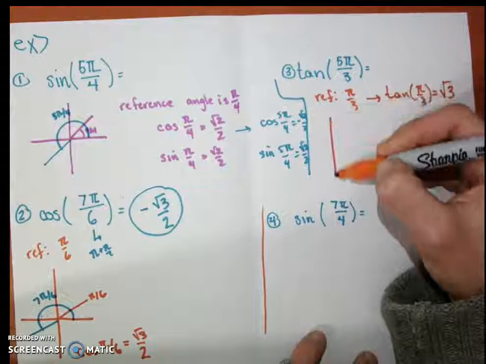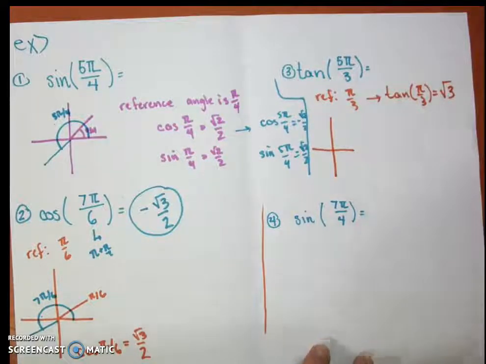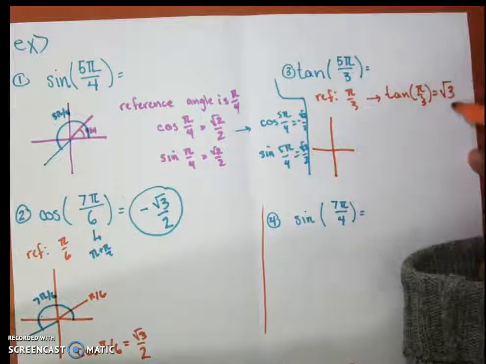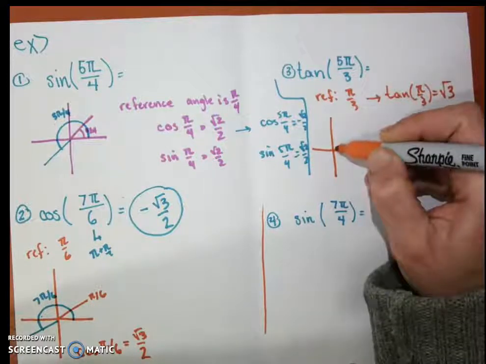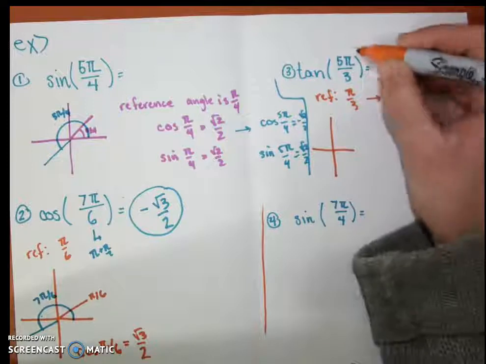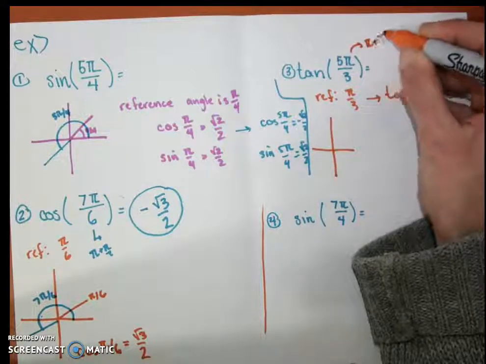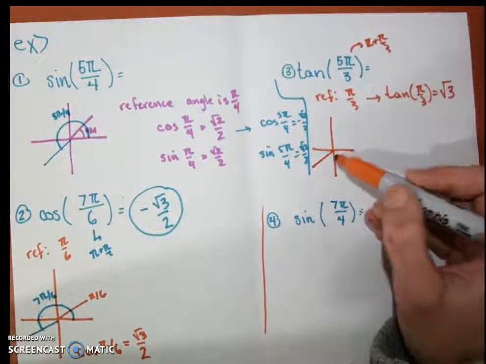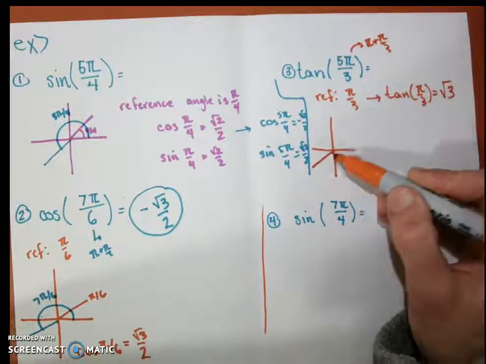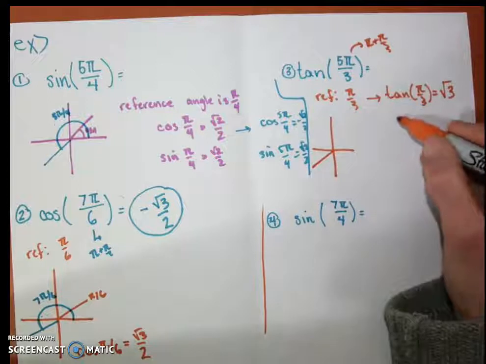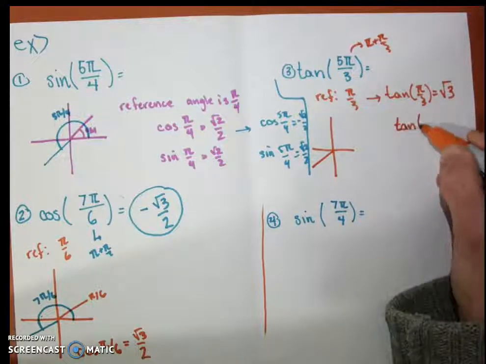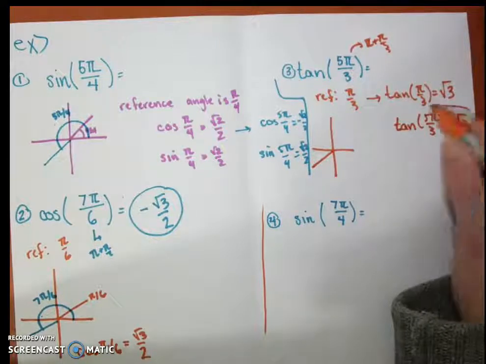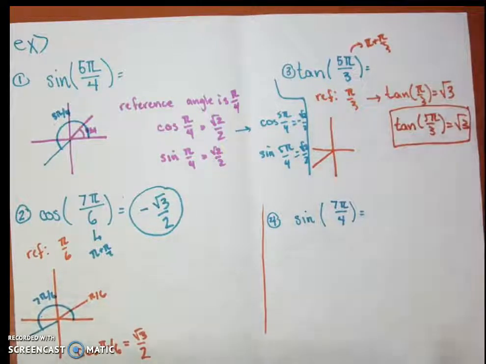So now I go again and see which quadrant 5 pi over 3 is in, so I know if I keep it as root 3 or if I change the sign. So 5 pi over 3 is pi plus pi over 3, which again puts us into quadrant 3. And in quadrant 3, tangent is actually positive, so tan of 5 pi over 3 is just square root of 3 again. I don't have to change the sign in that case.